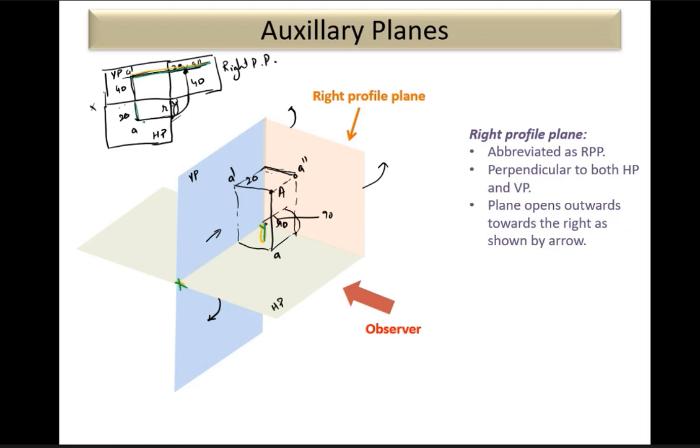So what we do, we draw a straight line from this particular point, and since we are moving this plane in this direction, how many degrees has the plane moved? 90 degrees, correct? Yes, sir.